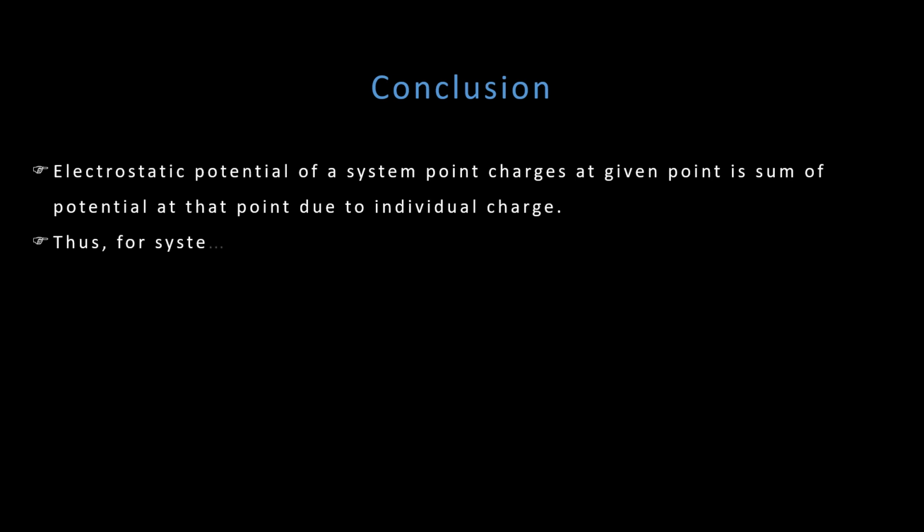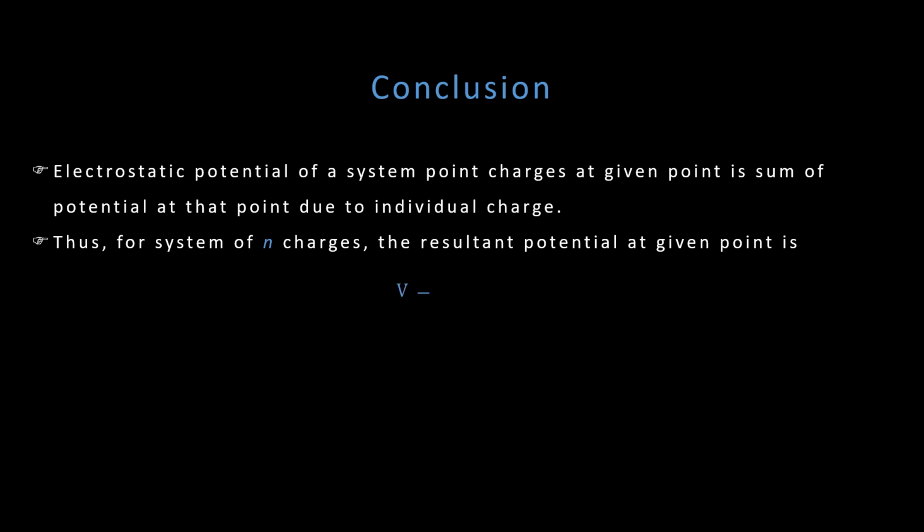So let us conclude. The electrostatic potential of a system of point charges is the sum of the potentials due to individual charges, and for n charges the potential at a given point can be expressed this way. V is the resultant potential, which is the summation of Vi.